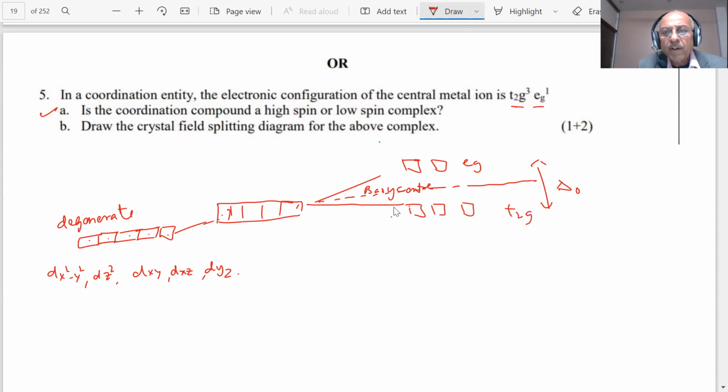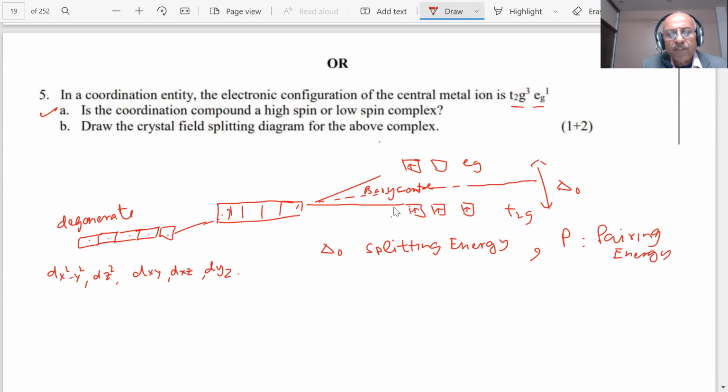Now there are 2 important points here. One is the splitting energy, and another is P, the pairing energy, students.